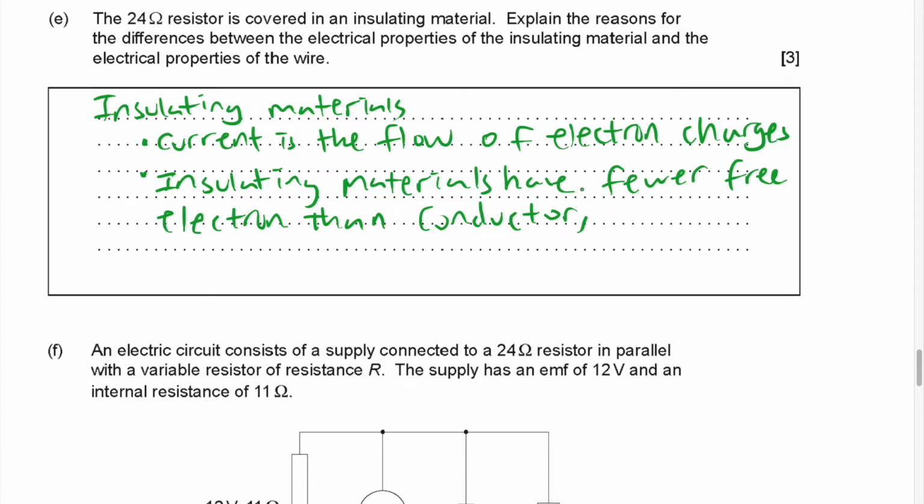So because insulating materials have fewer free electrons than conductors, they have a smaller current.